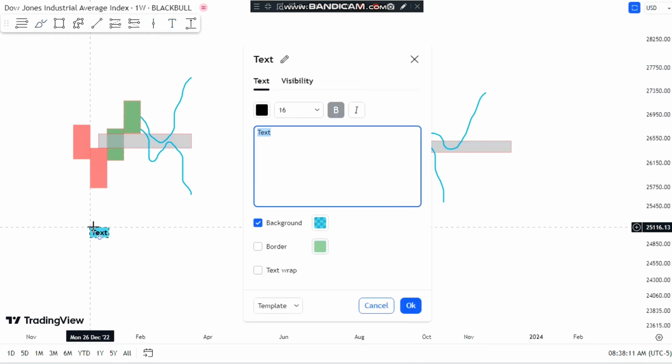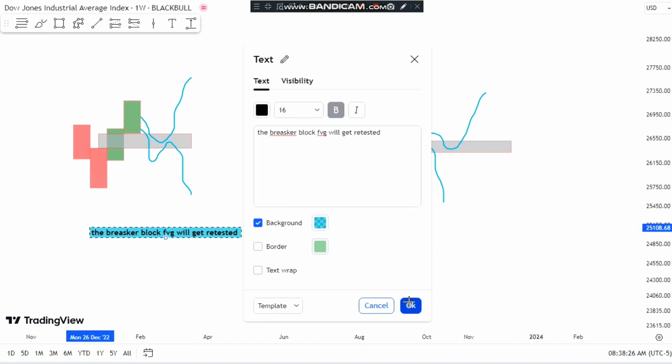Keep it in mind. The FVG will get retested. Okay, it will get retested sooner or later.